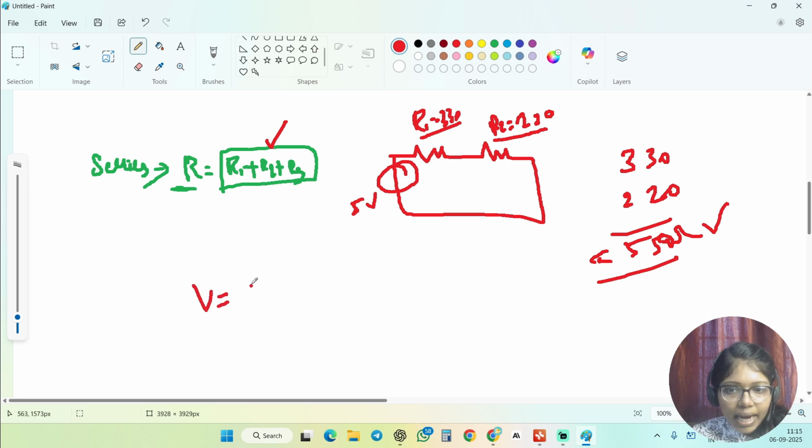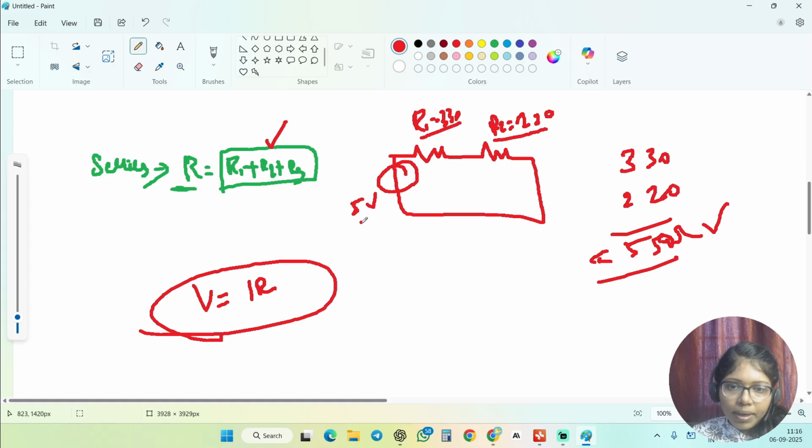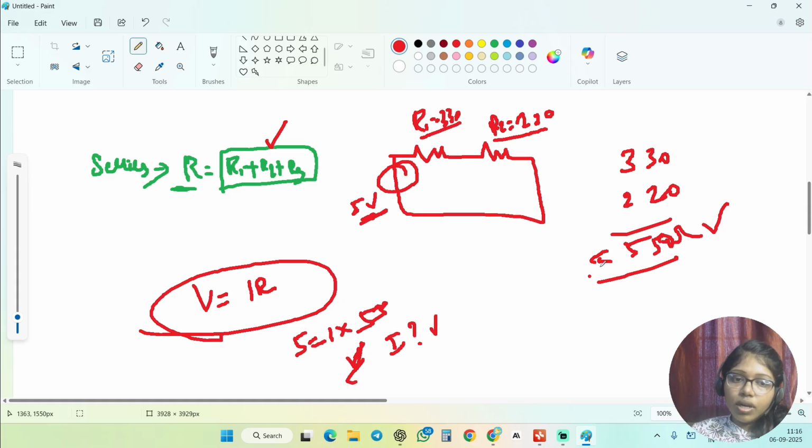So you can simply apply Ohm's law. You have applied the 5 volt. 5 volt equals I into 550 ohm. Now you just divide this value, and you can easily find the current value. Depending on this 550 ohm, it is already measured.